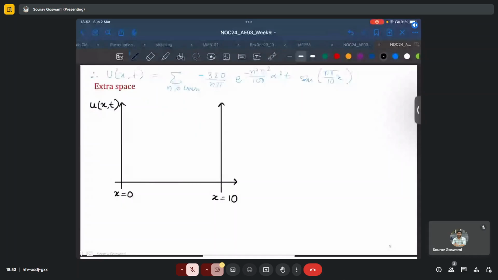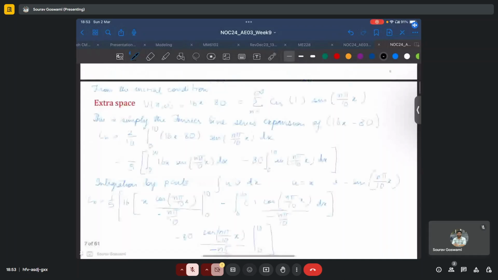And let's have a few temperature levels for ease of sketching. So what are the relevant numbers here? At the boundaries we have 80 and 20, and u equals 10x, so the maximum is 10 into 10, 100.